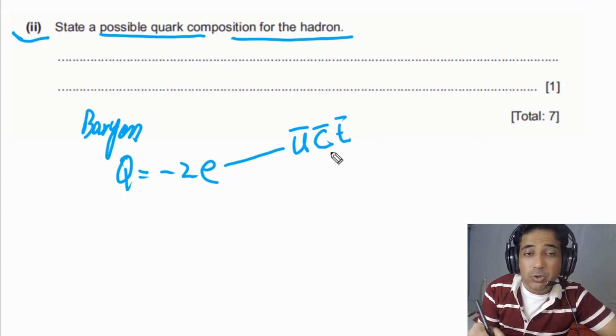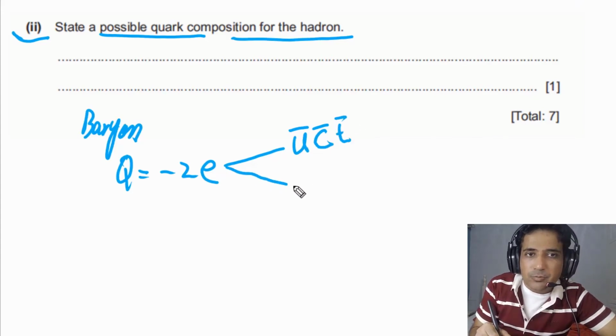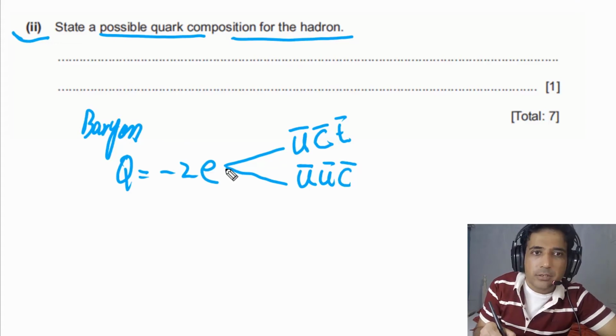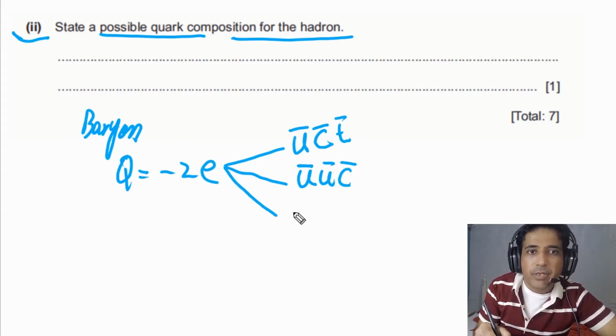This composition is possible. It is also possible, you can say, the baryon consists of 2 up antiquarks and one charm antiquark. This composition is also possible. We can also write down one up antiquark and 2 charm antiquarks. This composition is also possible.